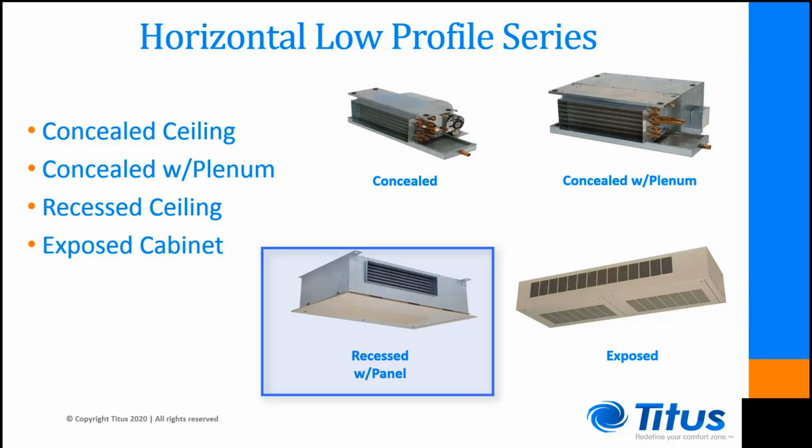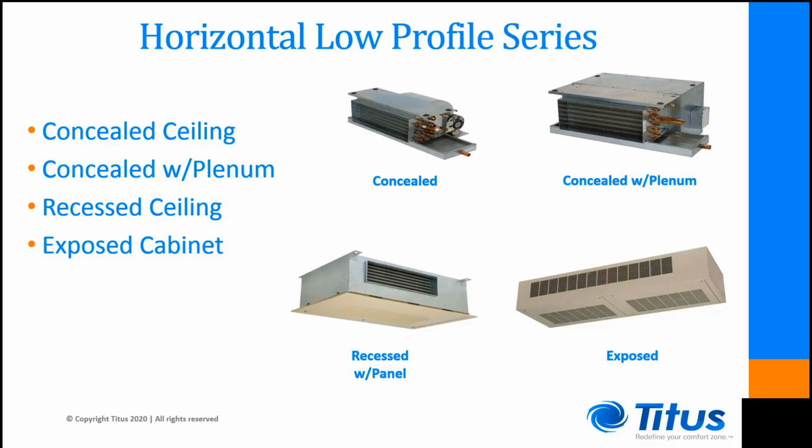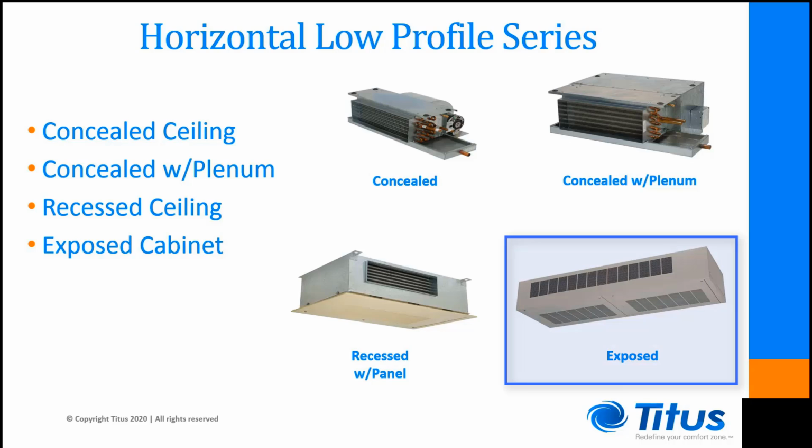Moving down to the bottom left of the 4 units, we see the recessed with telescoping panel fan coil unit. This unit is meant to be slid up into the ceiling to the point that the bottom panel is flush with the ceiling. The bottom panel serves as a return panel, filter holder, and access panel for servicing. For applications where no part of the unit can be in or above the ceiling, the exposed unit is used.